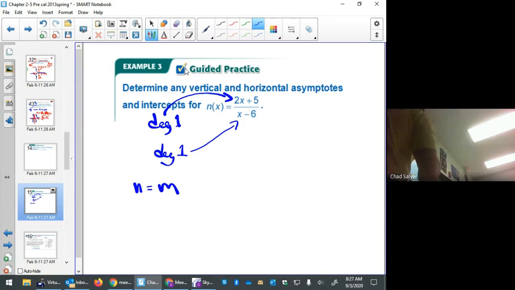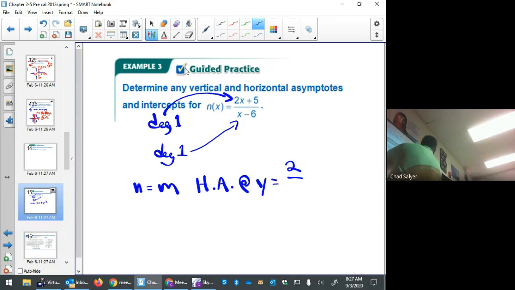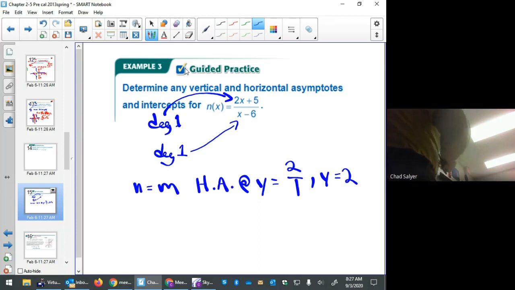And we've got a horizontal asymptote at the ratio of our leading coefficients, the coefficient part of the highest degree term in both the top, which is 2, and the bottom, such as 1x, meaning it's just 1. So I can rewrite that as just y equals 2.